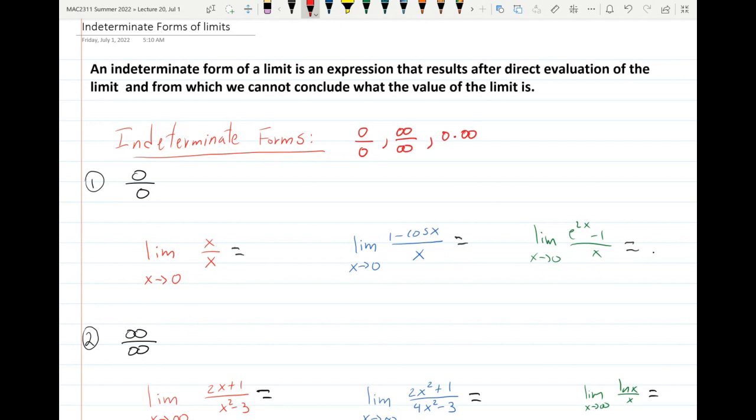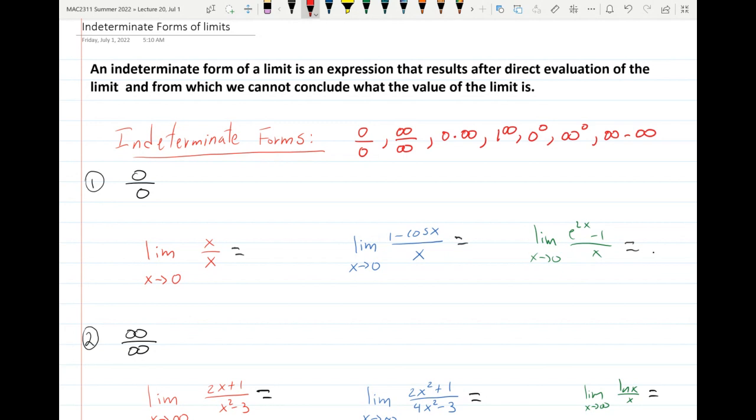Some people will say, well, 0 times anything is 0. Well, 0 times something that is not infinity. So 0 times infinity. Then we have the power ones, which are 1 to the infinity, 0 to the 0, and infinity to the 0. Okay? And then there's one more, which is infinity minus infinity.